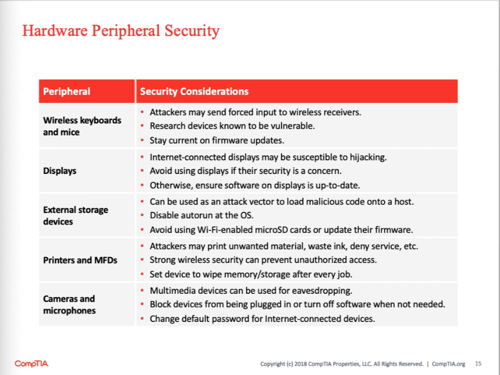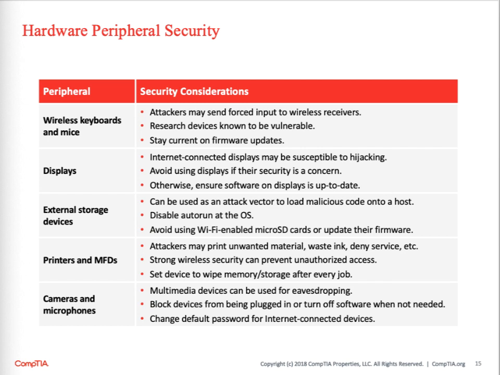Ink is expensive, so that way your organization runs out of all your ink, right? So you're going to want strong wireless security to prevent any unwanted access, and you're going to want to set that device to wipe any memory or storage after every usage, because that can reduce the chance of any data leakage, because potentially people can get information from any of that leakage, right?